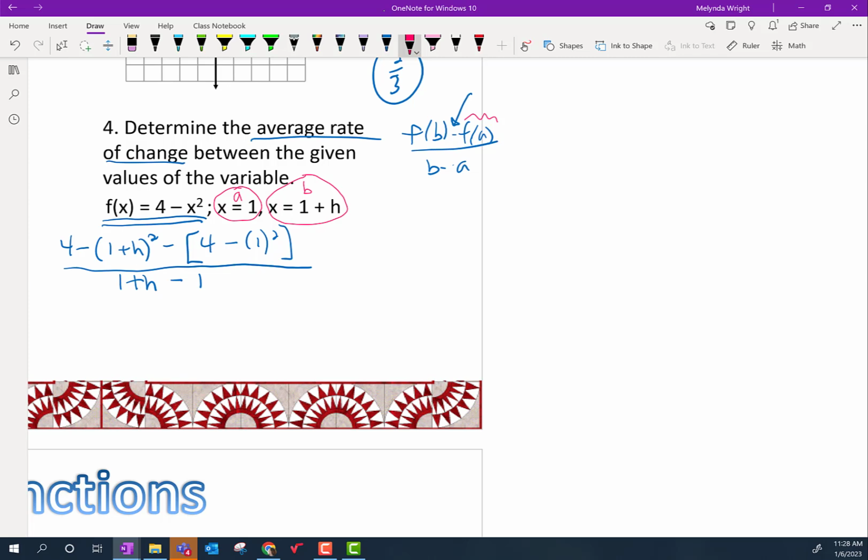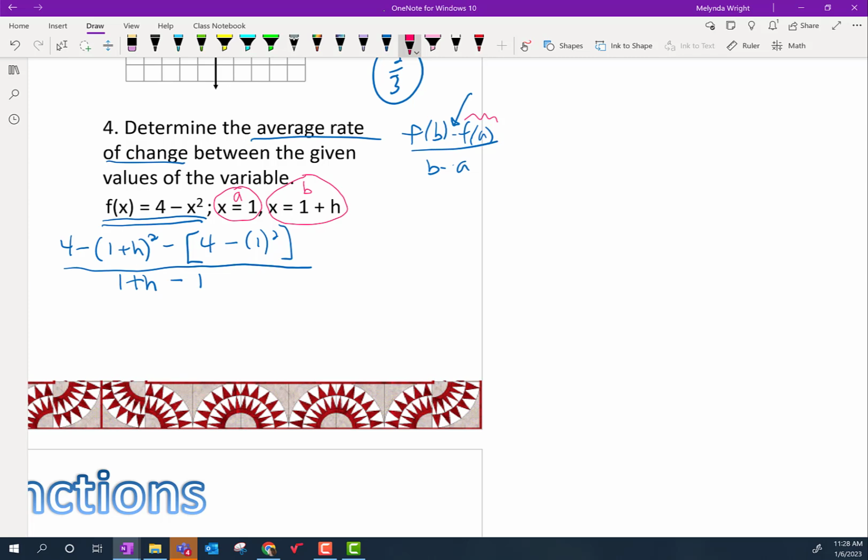I don't want to forget because I've done that before. Has anyone in here done that before? We all have, right? I bet there's nobody in here who hasn't forgotten that. So I try to make it safer for myself. So that's why I got the brackets there. Okay. Is everybody okay with plugging in?